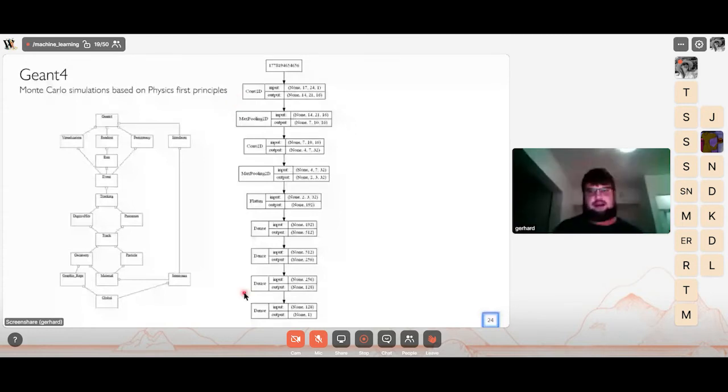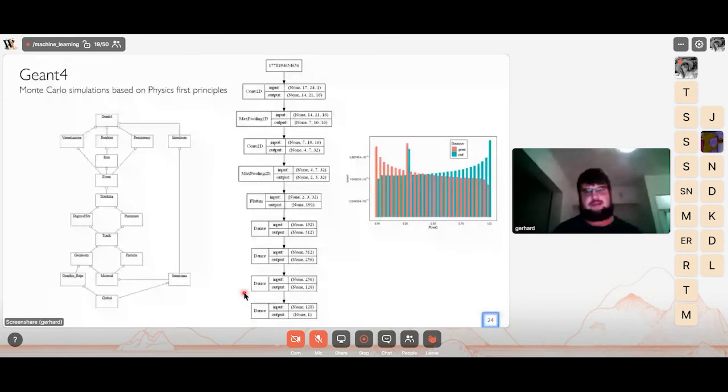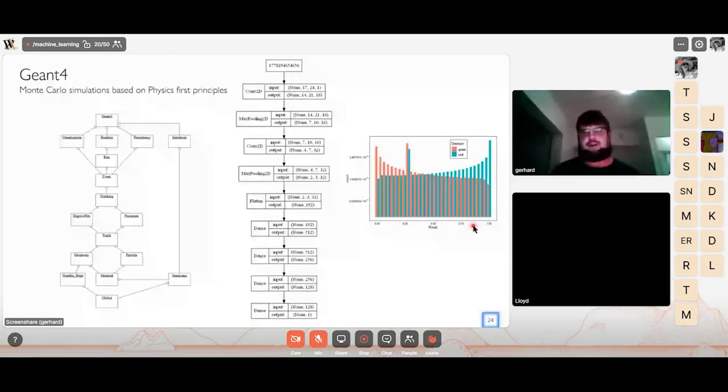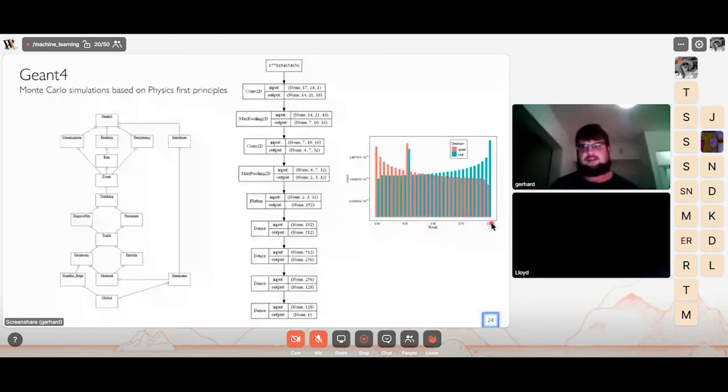So to be able to motivate not using this, you need to first show that it's not 100% reliable. So I built a convolutional neural network with this structure over here, just 2 convolutional layers and then 3 dense layers, and it was able to distinguish between GEANT simulated and real data quite reliably.